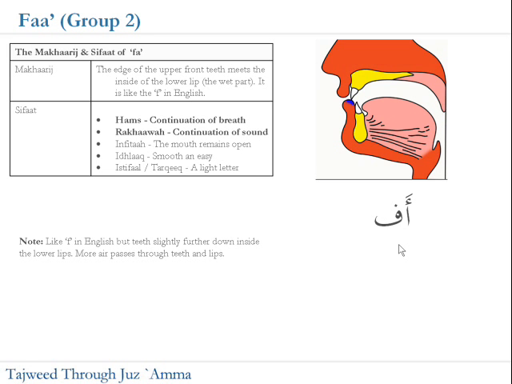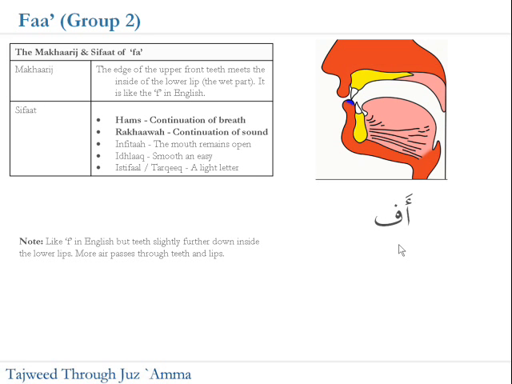So all of our examples are going to be done this way. So there's a small note here. It says like F in English, but the teeth slightly further down inside the lower lips. So the teeth are slightly lower down, as in they touch lower down the inside of your bottom lip, and that essentially allows a little bit more air to pass between the teeth and the lips.